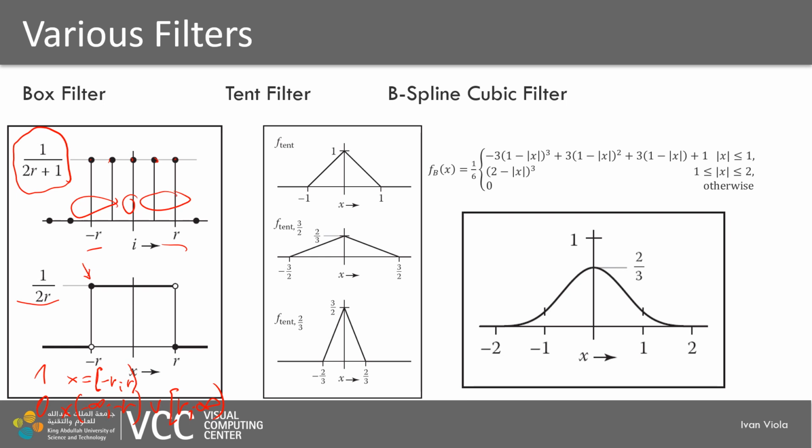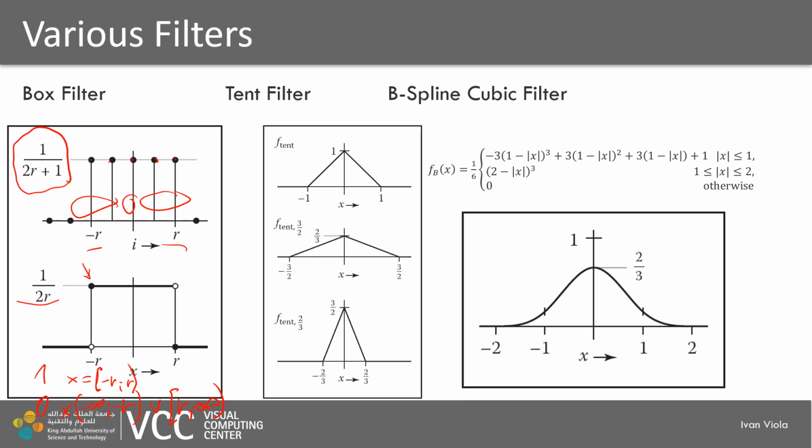The reason for defining the box filter as closed and open on each side of the r distance from 0 is reconstruction purposes, because if we defined it as closed on both sides, then potentially 2 integer locations could contribute to a resampled value, which is not desired.